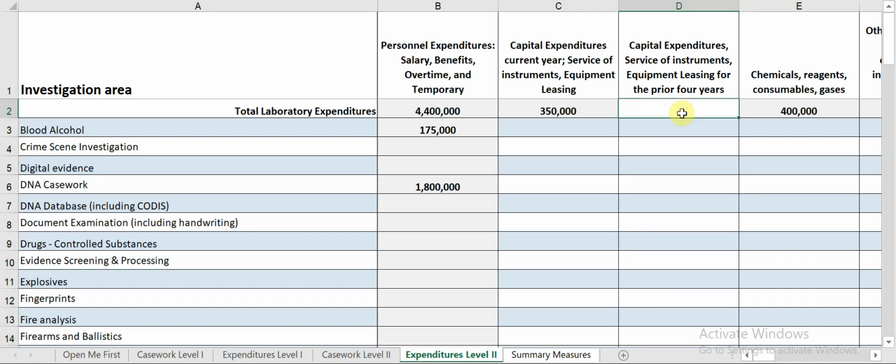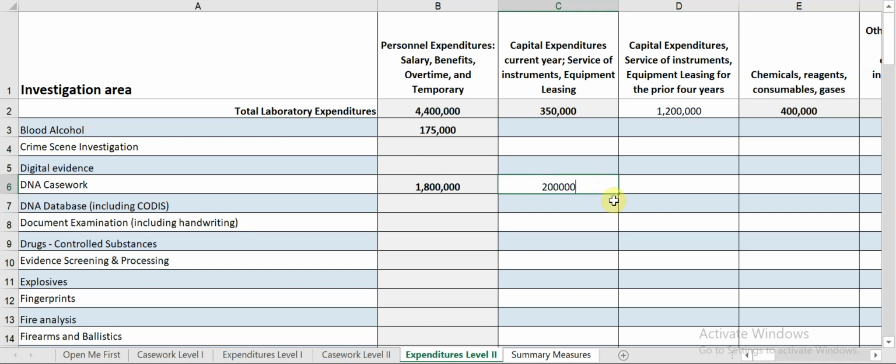So let's suppose that over the prior 4 years, the amount of capital expenditures were $1.2 million. So not exactly $350,000 a year, but not that far from it. So we're going to come up with a better measure. Even further, you may have looked in here and said, well, I can tell you out of the 350 capital expenditures, DNA casework actually had 200,000 of those.